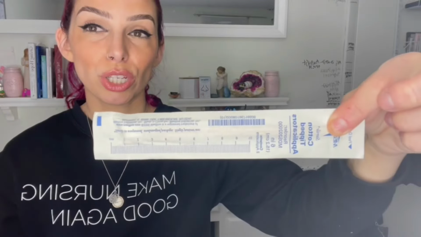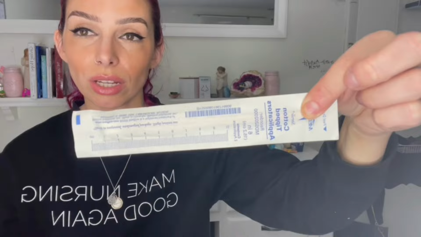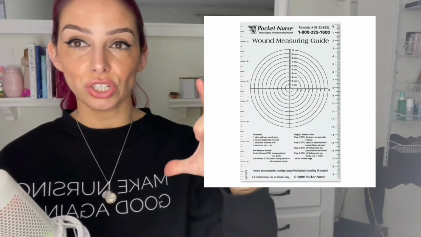When we put our little Q-tip in, we're going to note where it lands and where it stops. Then we're going to measure how long our undermining is. It gives us also an idea of how much we will need to pack that wound. So again, when I see a wound like this, I'm going to make note of the width, depth, length. They do have wound measurements that are specifically circular.